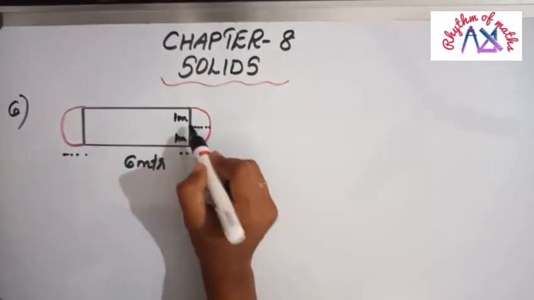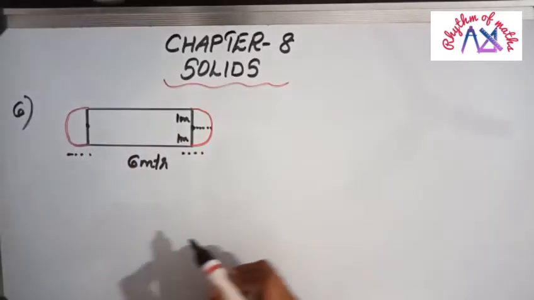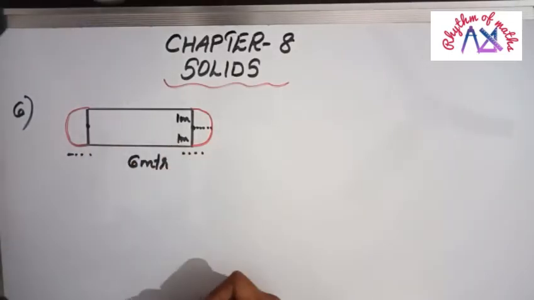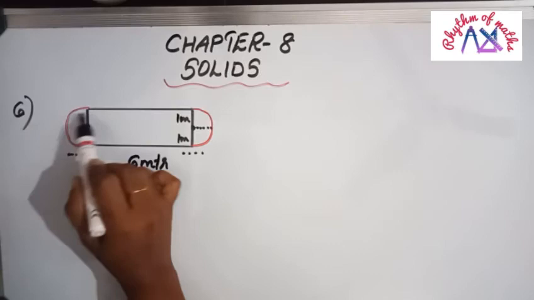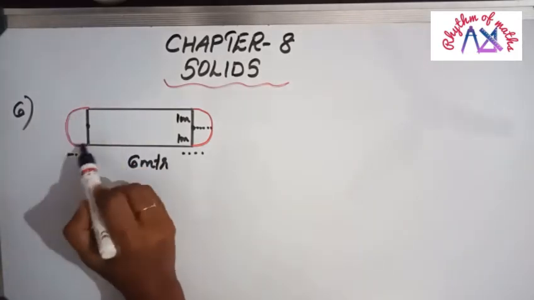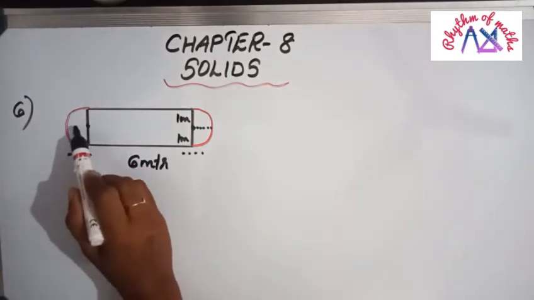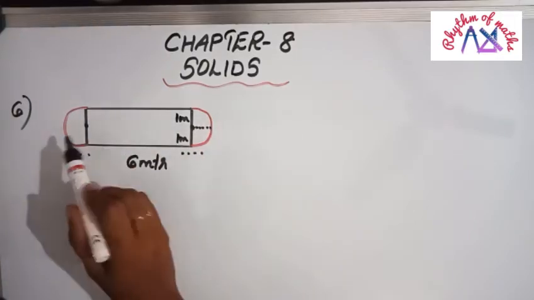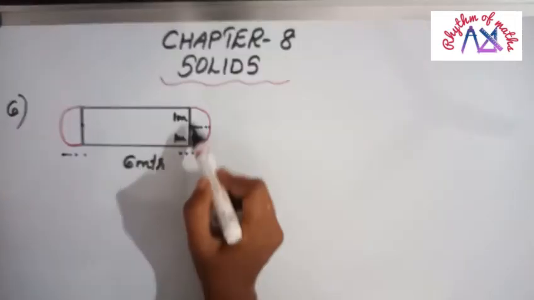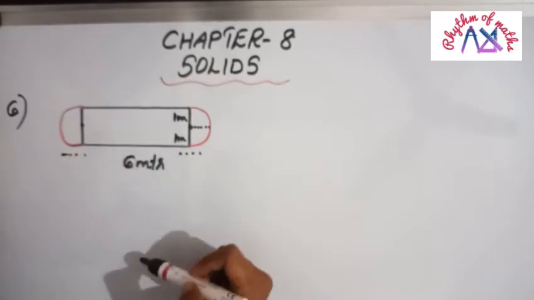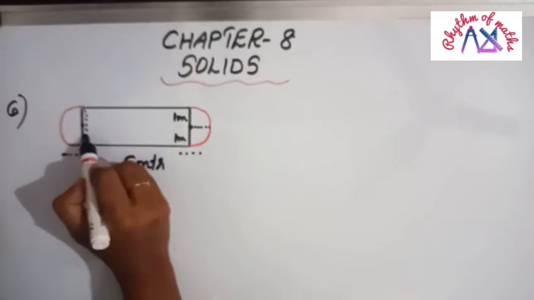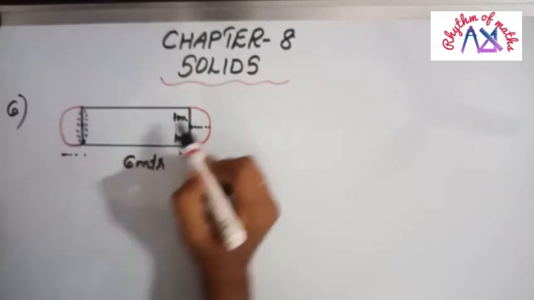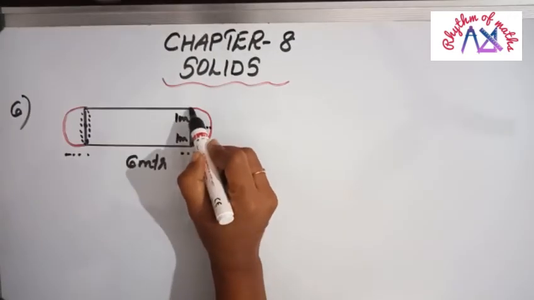When you get a question like this, you have to identify which all solids are included in that whole figure. That is the first step. When you check this, you can see that in this portion there is one hemisphere, half sphere. So one hemisphere here, one hemisphere here, in both ends, and in the middle portion it is a cylinder, a 3D figure, a three-dimensional figure like this.